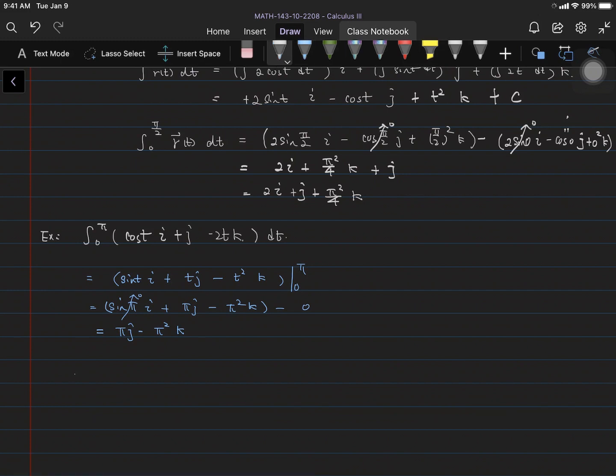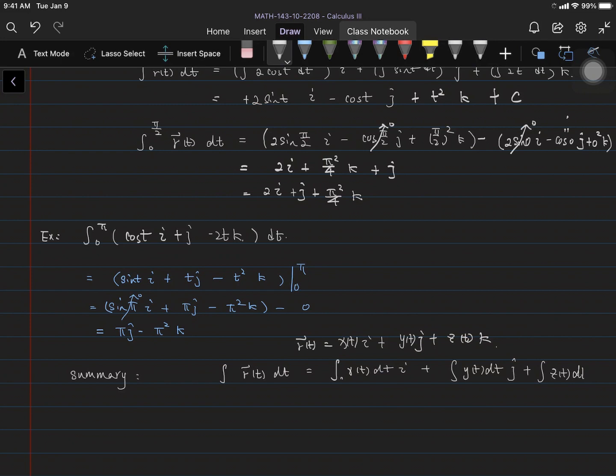So here I give you a summary. How to do the indefinite integral of r(t) dt: if r(t) is given by x(t) i plus y(t) j plus z(t) k, just take the integral of each component: the integral of x(t) dt i, the integral of y(t) dt j, the integral of z(t) dt k.